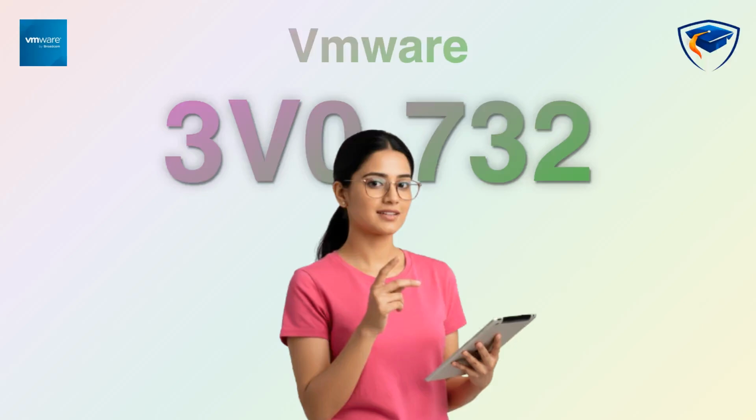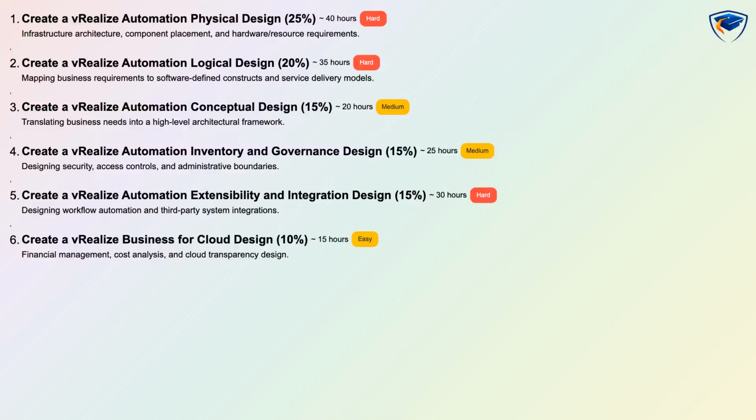Today, we are going to discuss the syllabus of the VMware Certified Advanced Professional 7, Cloud Management and Automation Design exam. The exam consists of 6 domains, each with a specific percentage weightage.